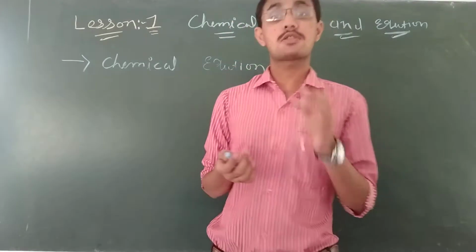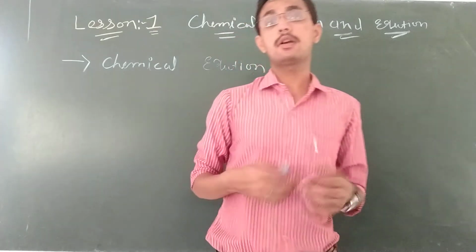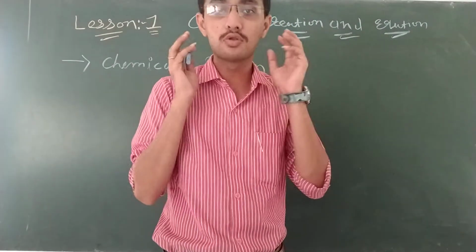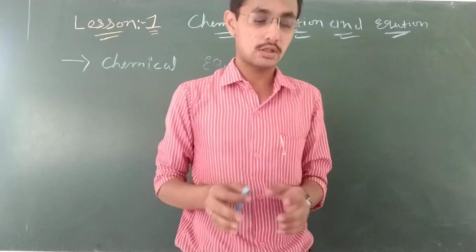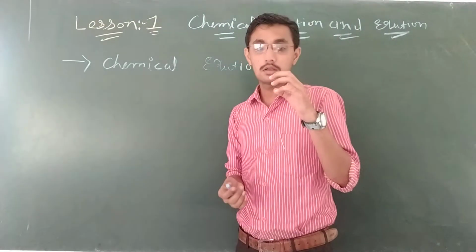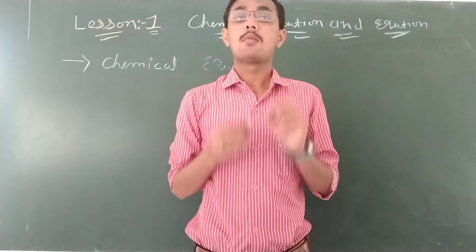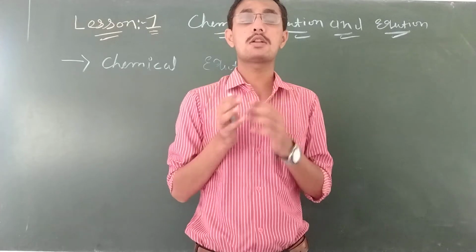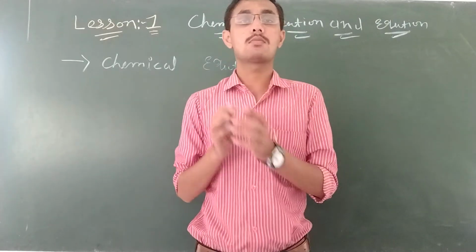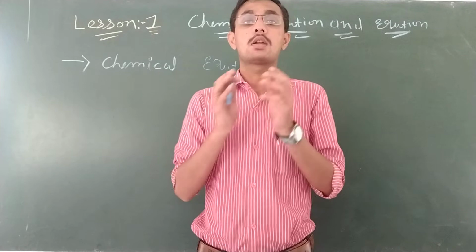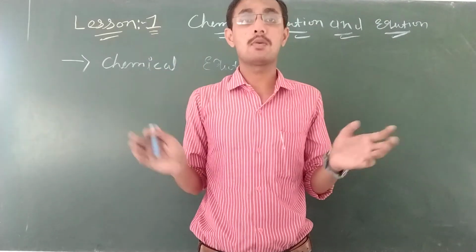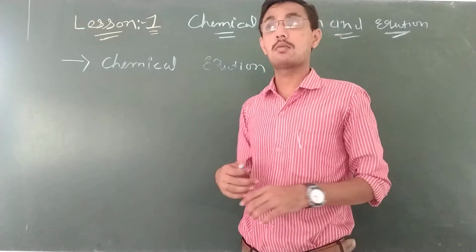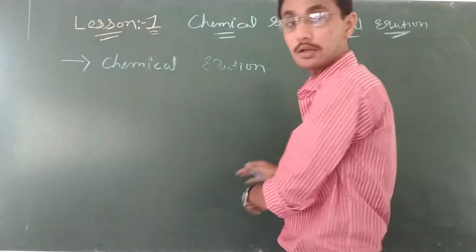but every time we cannot afford to write a full statement of any chemical reaction. If I have a reaction statement like magnesium reacts with oxygen and it gives magnesium oxide, it is a full statement, but every time I cannot manage to write a full statement.